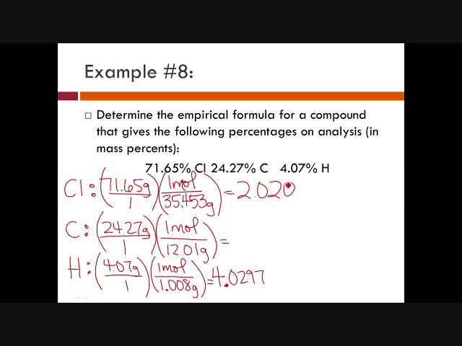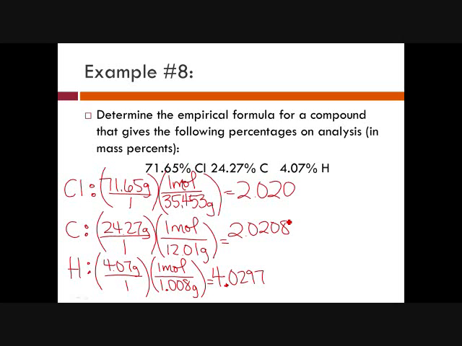Okay, I'll just cut it there. The second one's 2.020. Okay, so these, we have changed them into moles.